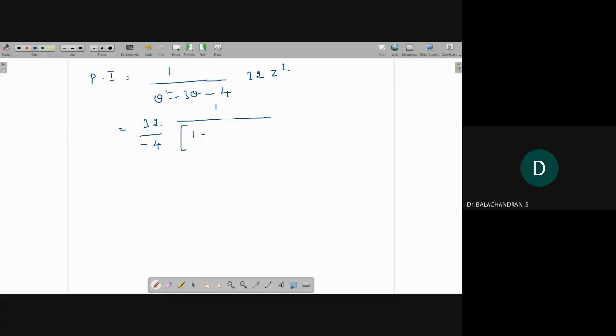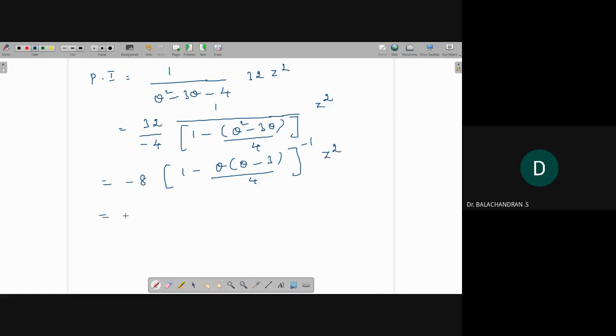So 1 minus (theta square minus 3 theta) divided by 4, into z square. So this is minus 8. Here theta is common, so I'll take theta commonly, whole power minus 1, into z square.